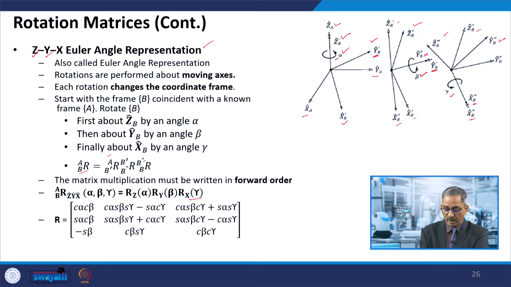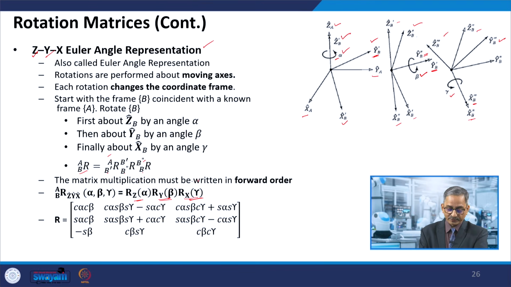So, this is you have Rx gamma. Okay. Before that it was about y axis of the rotating frame. So, this is Ry beta, and the first one was about Zb dash by alpha. So, it is this one. So, Rb dash A is basically Rz alpha, Rb double dash to B dash is Ry beta, and Rb to B double dash is basically Rx gamma.